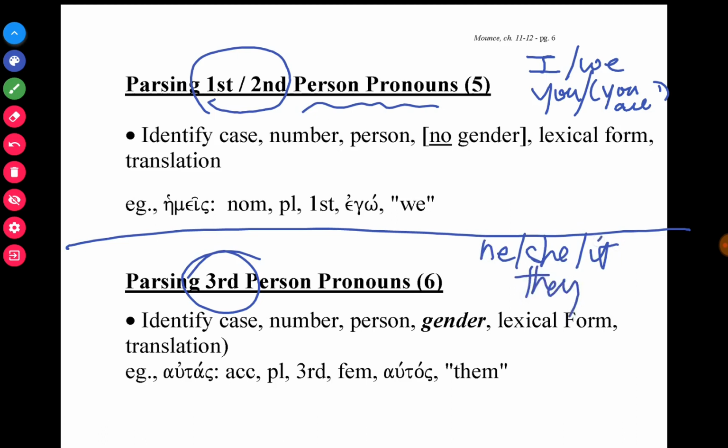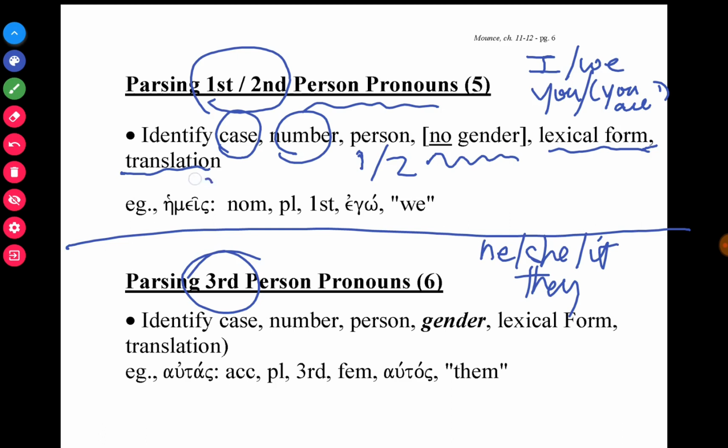So when you parse first and second person pronouns, you have to identify the case, the number, and notice that there's no way to tell gender in the forms of I or we or you all. Instead, all you can identify is whether it's a first person pronoun or a second. And of course, you want to include the lexical form, and then you want to give the translation.